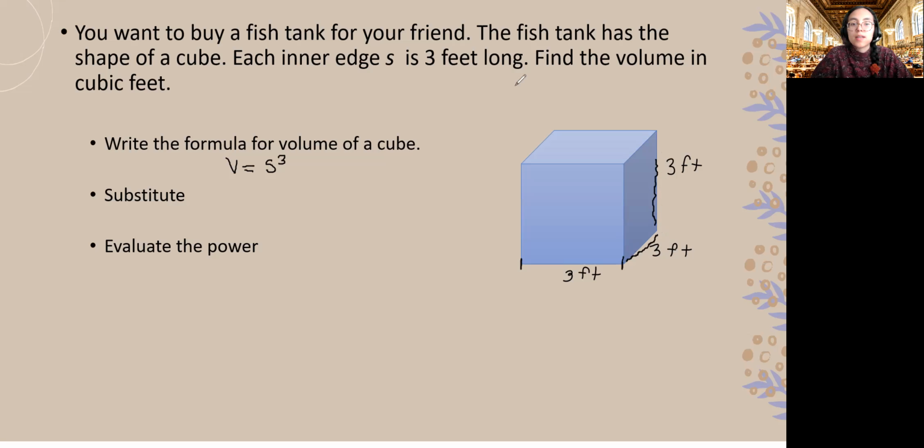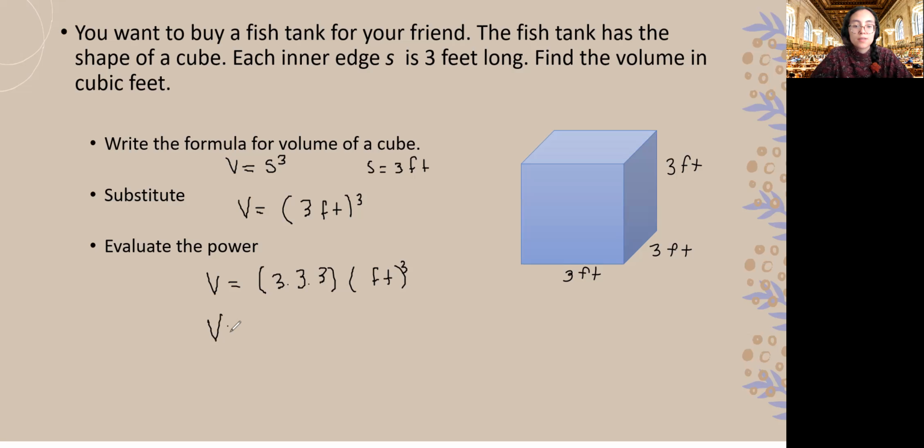Okay, so let's go ahead and substitute. We're told that S is equal to 3 feet. So we're going to substitute 3 feet for S in this equation. So V is equal to 3 feet cubed. Now we're going to evaluate this power. So I'm going to write 3 factors of 3, and I'm going to write feet cubed.